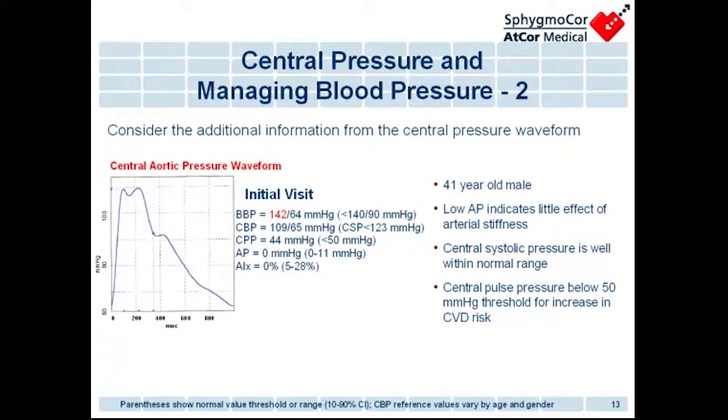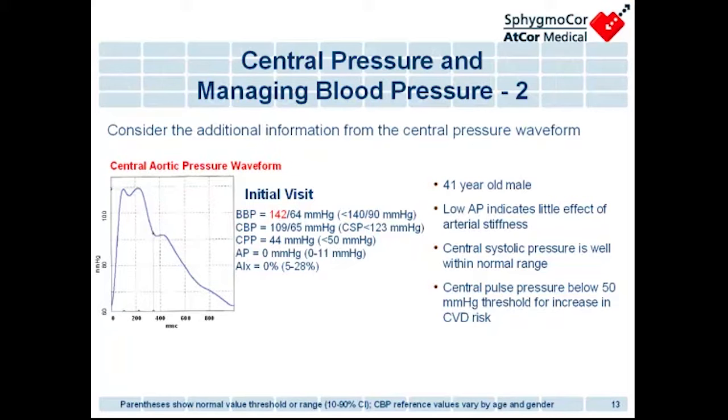I'm not sure that I would necessarily have the courage not to treat them, but based on this data, it looks as if they don't necessarily need to be treated, or they need to be treated with diet and regular exercise, because we know in patients, even with resistant hypertension, that regular exercise will significantly lower the blood pressure if the exercise is sustained.